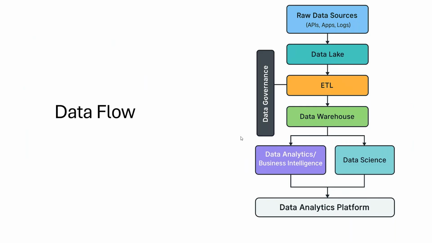And then we take the data from the data warehouse, and we use data analytics and intelligence to help organizations perform their work, for better strategies, sales, and whatever it is. Or maybe data science, that is important.